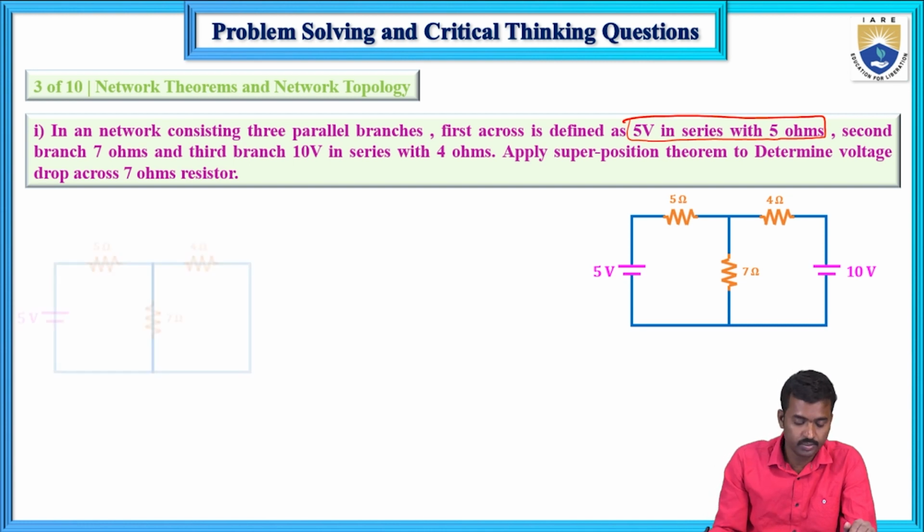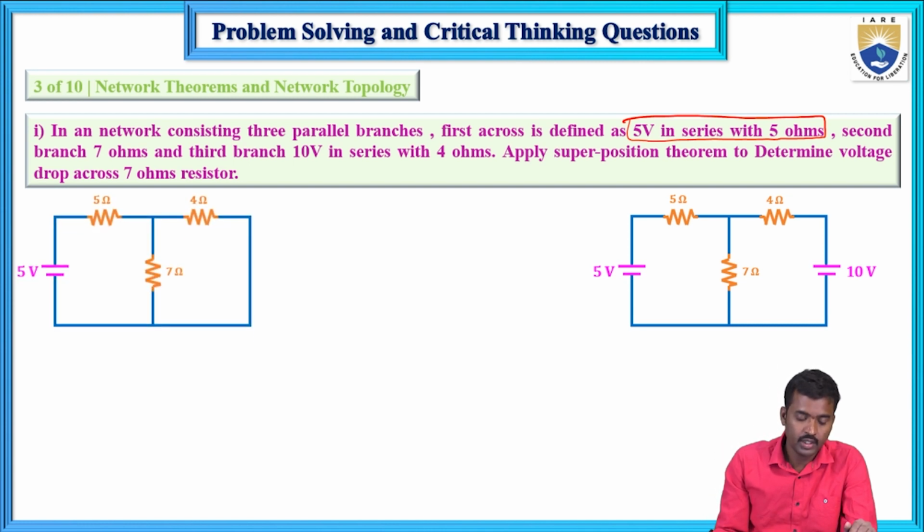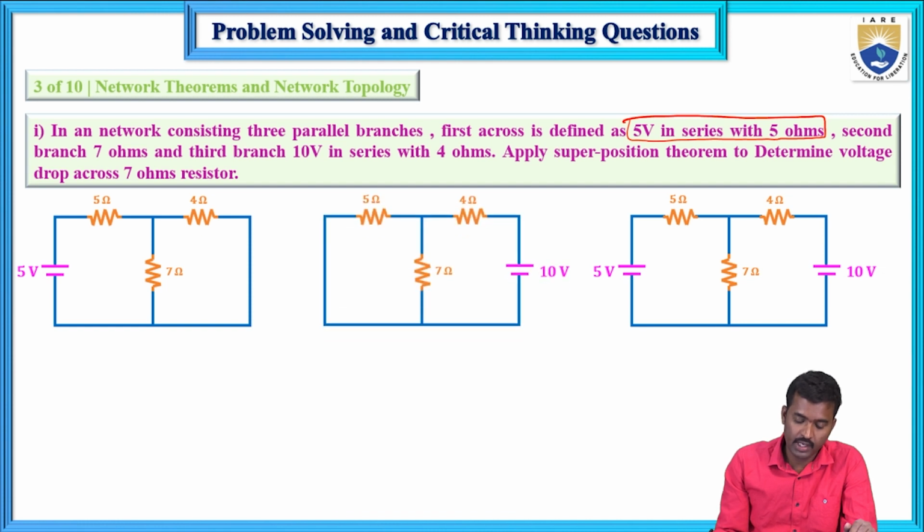Here, response 1 and response 2 are calculated from these 2 circuits, where the 5 volts and 10 volts sources are active.